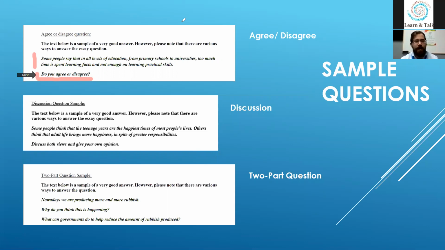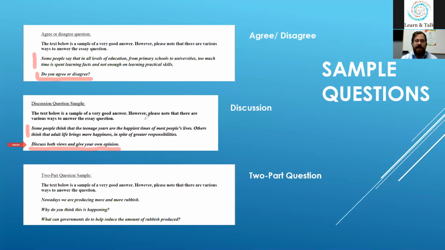So you need to think about the topic, decide whether you agree or disagree, and then answer that in your writing. Another example, we have a discussion question sample. Some people think that the teenage years are the happiest times of most people's lives. Others think that adult life brings more happiness, in spite of greater responsibilities. Discuss both views and give your own opinion. Now again, we have our topic, and then here's the instruction, the task that has been presented to us.